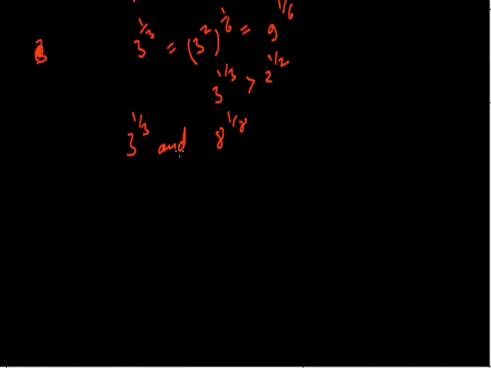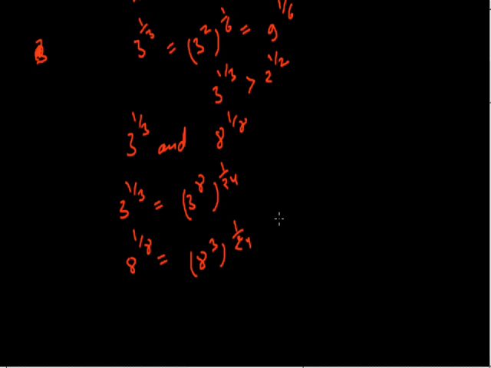The LCM of 3 and 8 is 24, so we make the denominators 24. 3^(1/3) can be written as (3^8)^(1/24), and in the same way 8^(1/8) can be written as (8^3)^(1/24). Definitely 3^8 is greater than 8^3. So 3^(1/3) is greater than 8^(1/8). Now we move further.